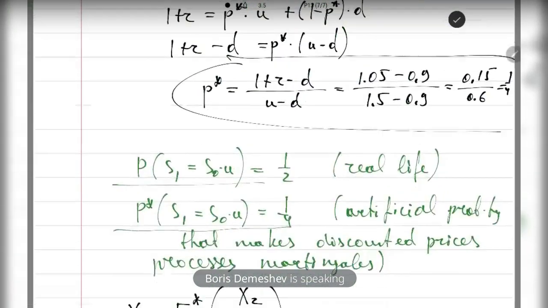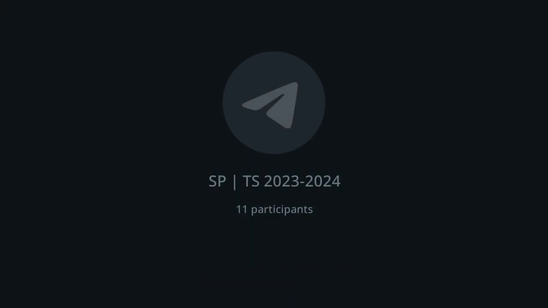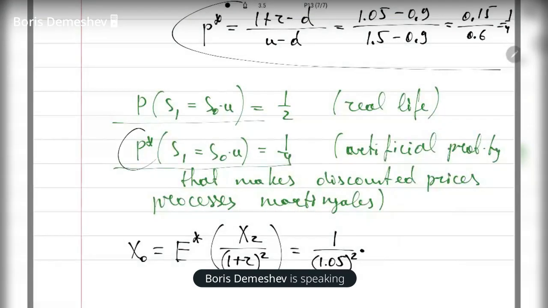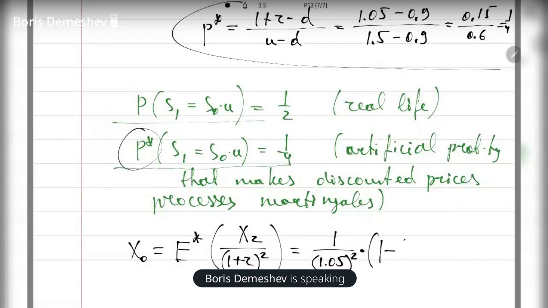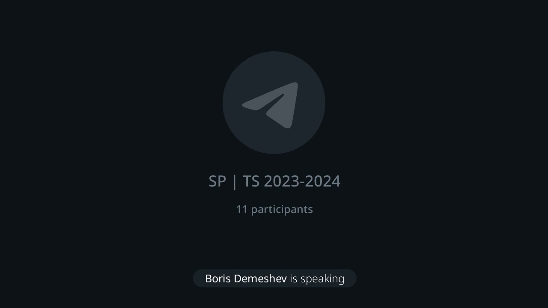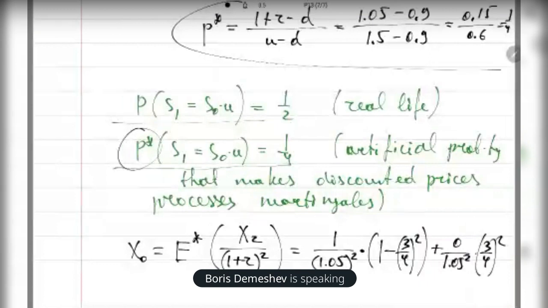So we say that it is 1 divided by 1.5 squared times the probability star that I will receive this $1. The probability star that I will receive this $1 is 1 minus (3/4) squared, and I will receive $0 with probability (3/4) squared.